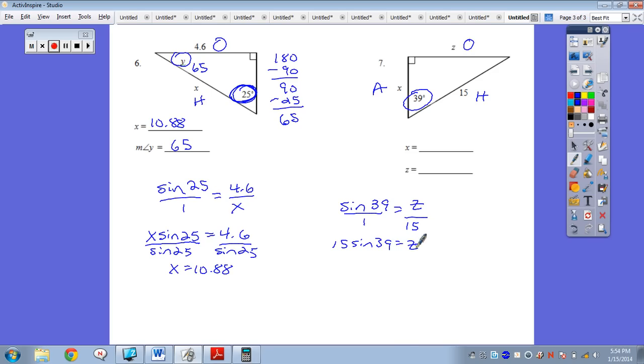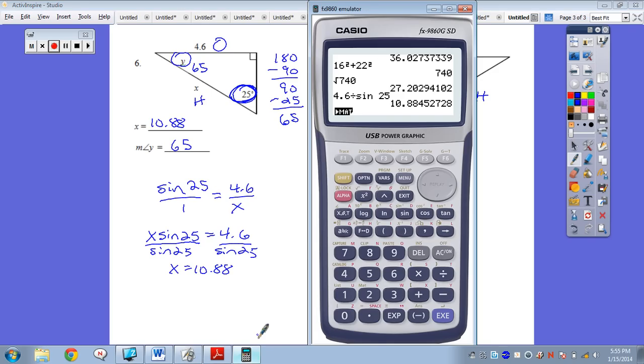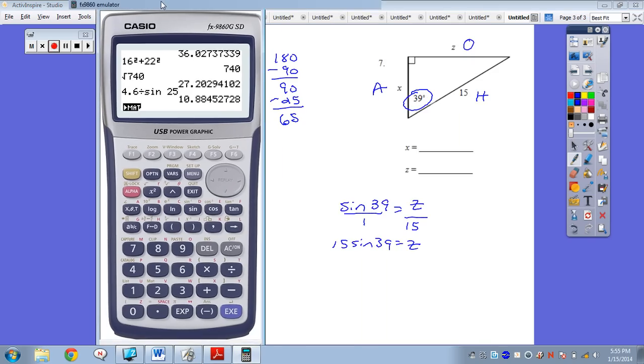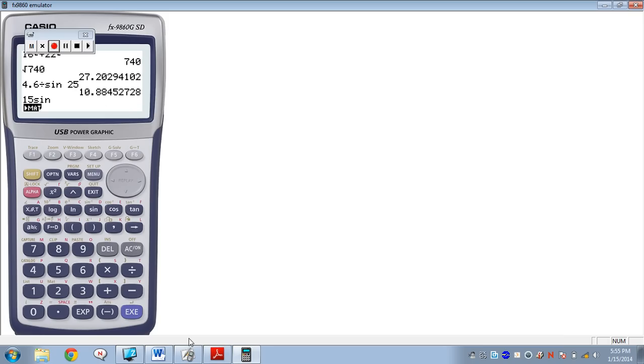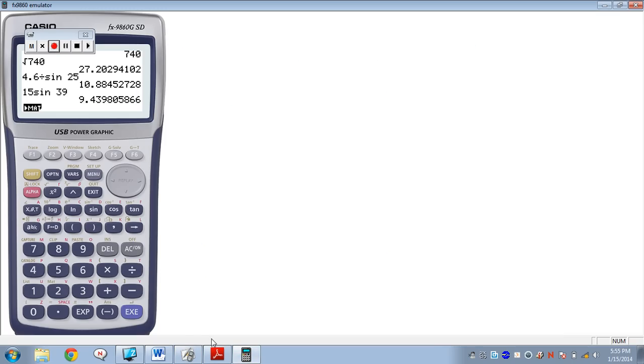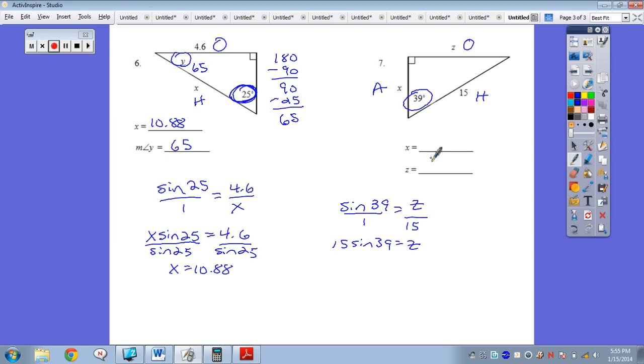Since it's already equal to your variable, in the calculator you are going to hit 15 sine of 39, hit enter, and you get 9.44. So z is 9.44.